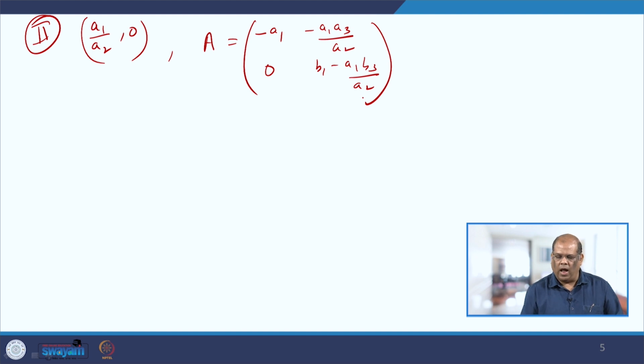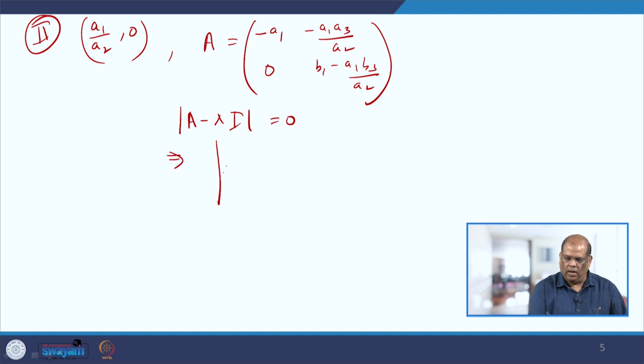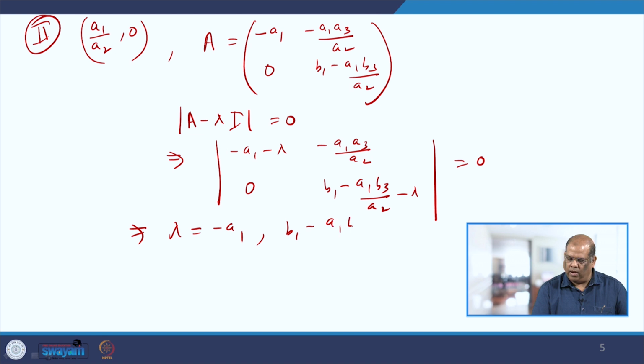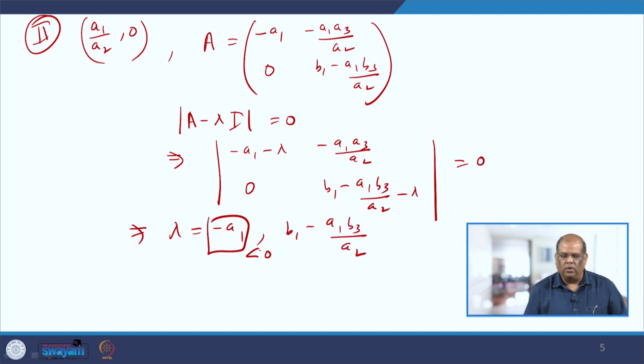If you want to find the eigenvalue of this, A minus lambda I equal to 0, which will imply minus a1 minus lambda, minus a1 a3 by a2, 0, b1 minus a1 b3 by a2 minus lambda. If you solve this, it will be minus a1 and b1 minus a1 b3 by a2. It is clear that this is less than 0.